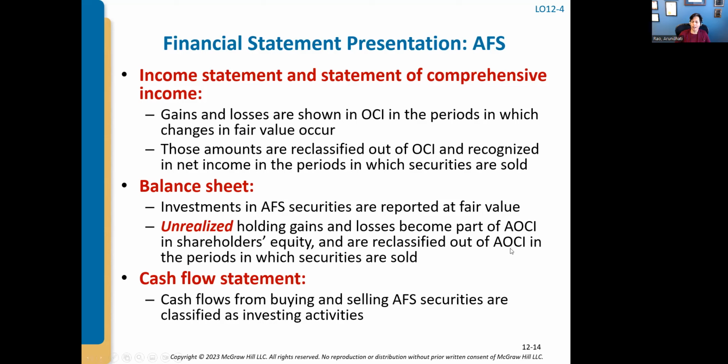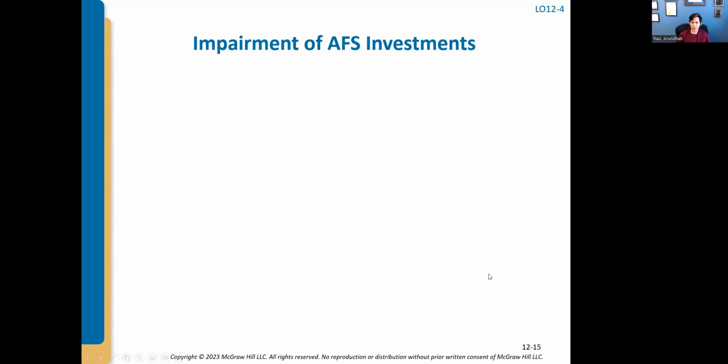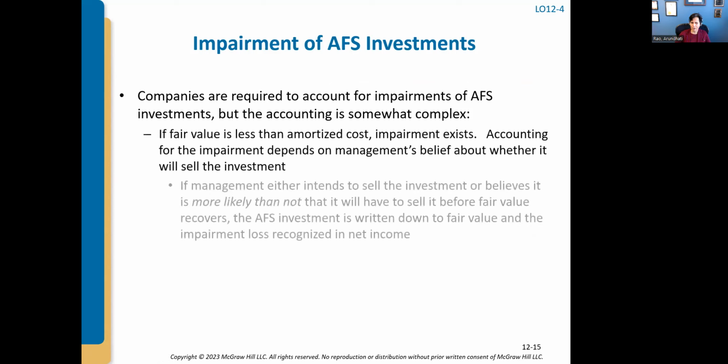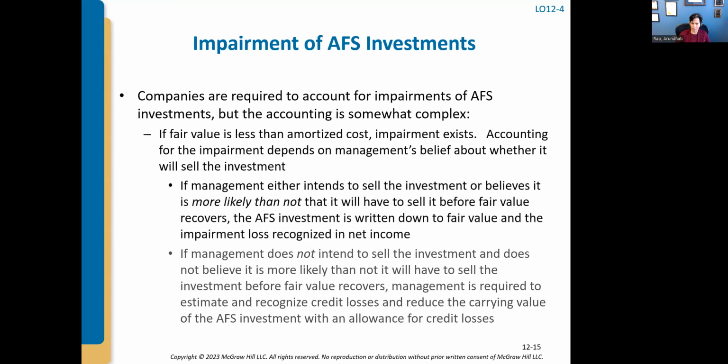I'm going to put them as other comprehensive income. So this is the in-between place where we put it. Well, what happens if the available for sale security is impaired, which means the value goes down? This is a little complex, and when we go through an exercise, you will see how it is to be done. So I'm just going to skip through this at this point in time.